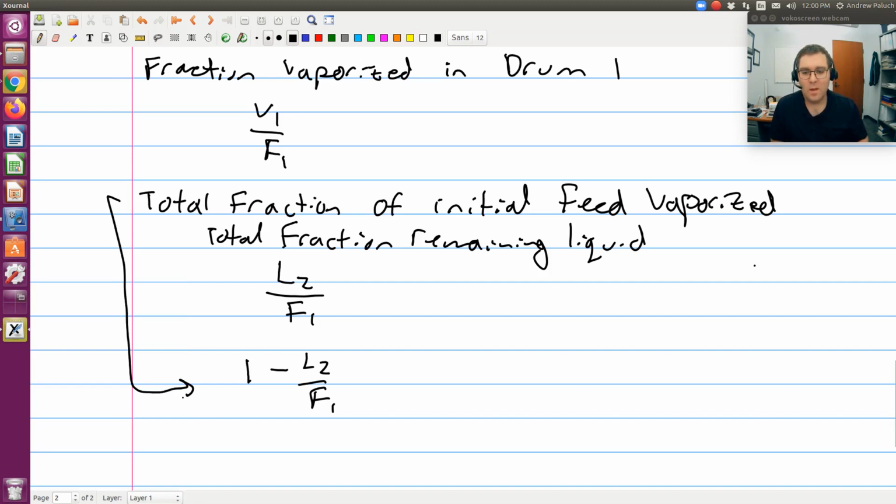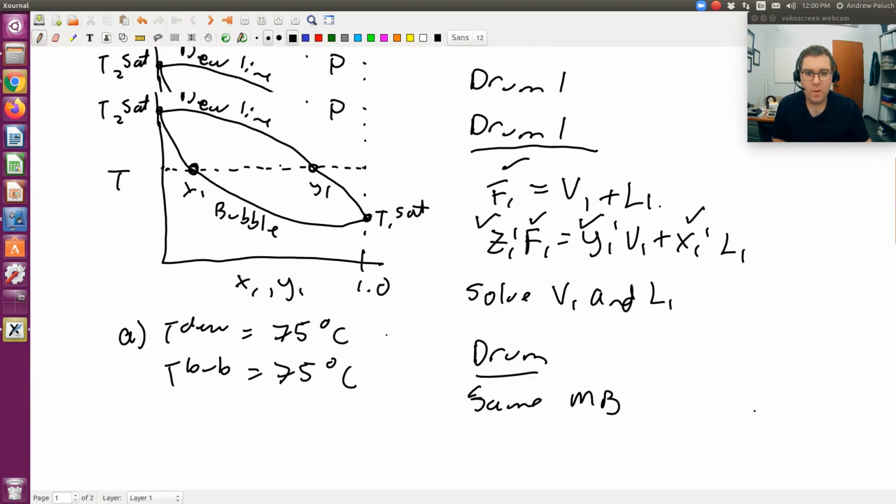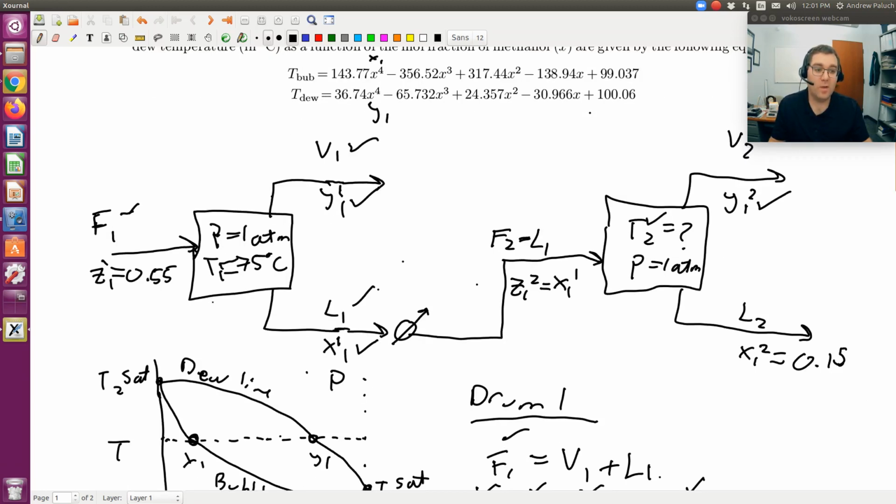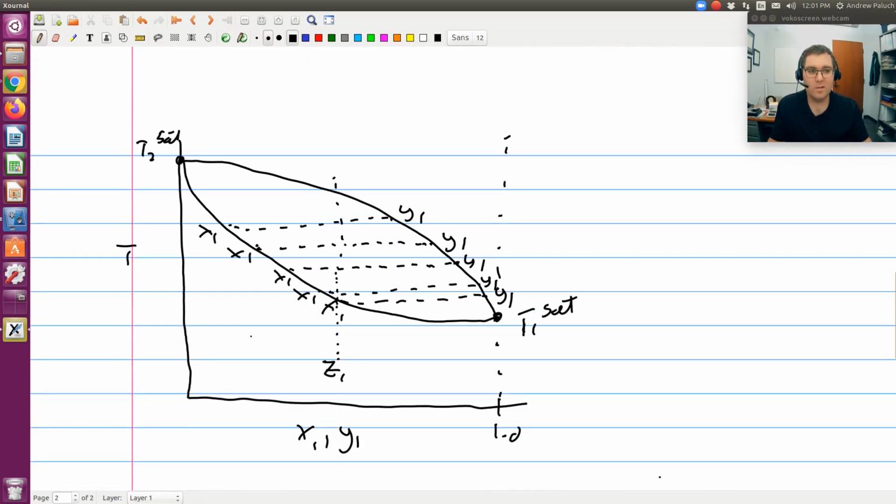Okay, yeah, cool. Or if you want to know what's vaporized, the total amount coming out vapor is V1 plus V2, right? So you could do V1 plus V2 over F. Or if I do L2 over F, that's the total fraction remaining liquid, and I could do 1 minus that.